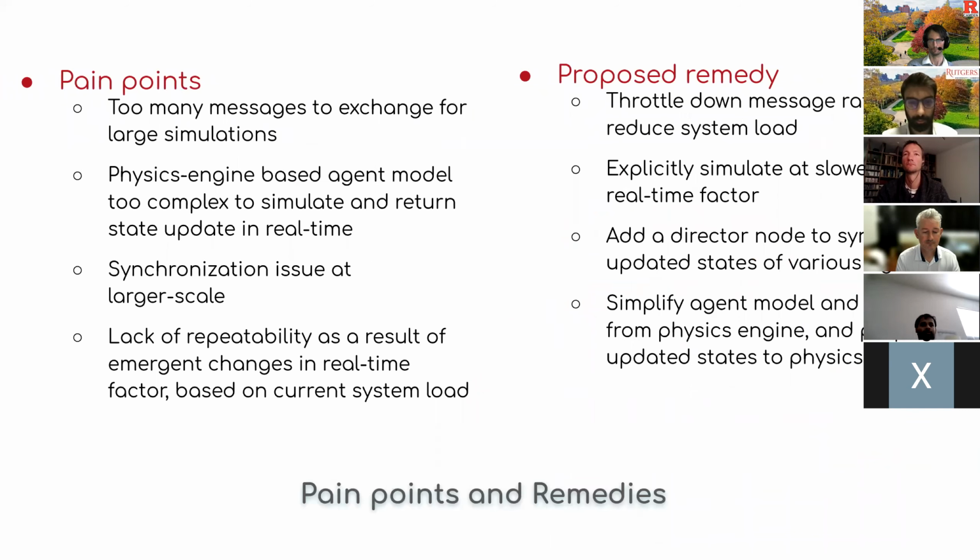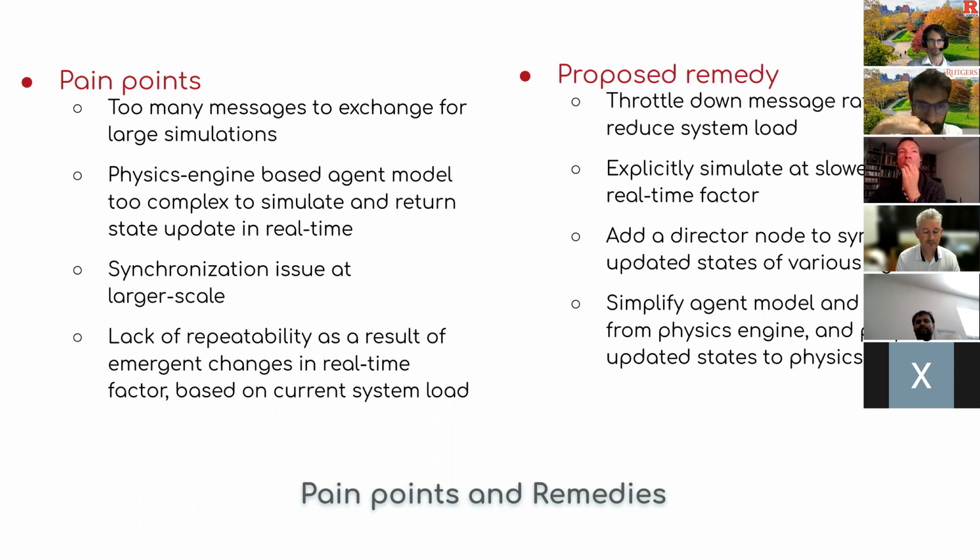And so the pain point here is that we have too many messages to exchange when we have large simulations, and then there is a synchronization issue at the larger scale. How are you going to synchronize all the messages so that all the vehicles receive updates at the same time, so that we can expect determinism in the simulation? And then there is a lack of repeatability, which sacrifices the reproducibility of our results.